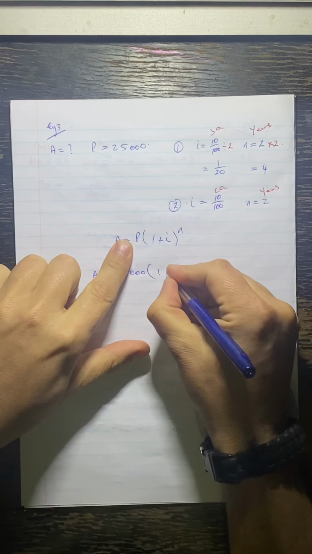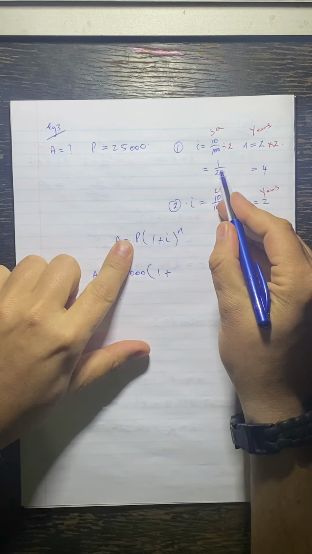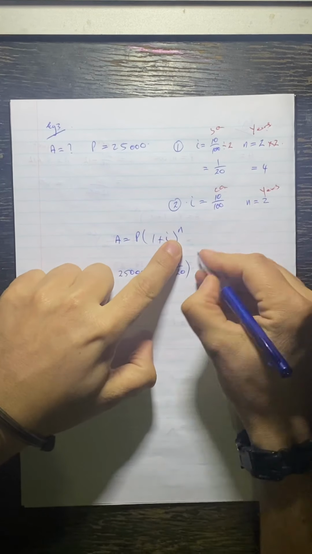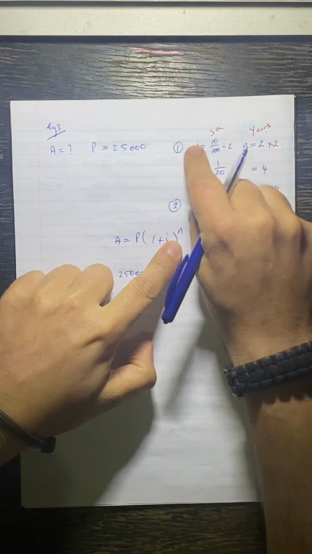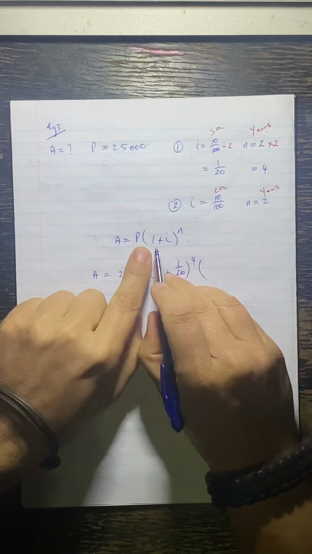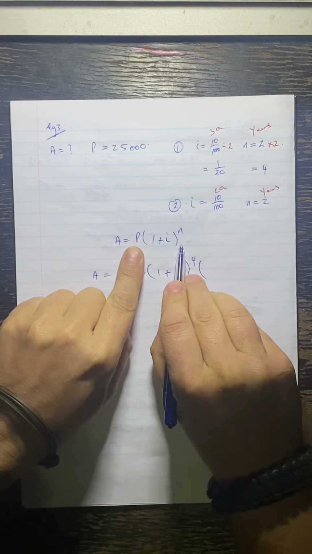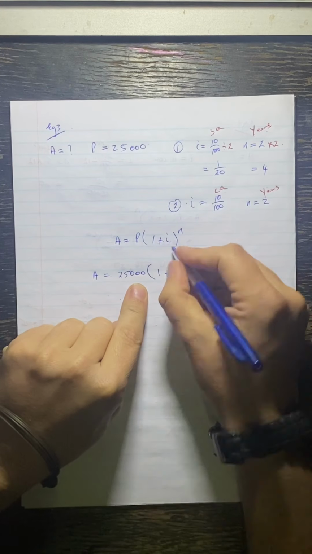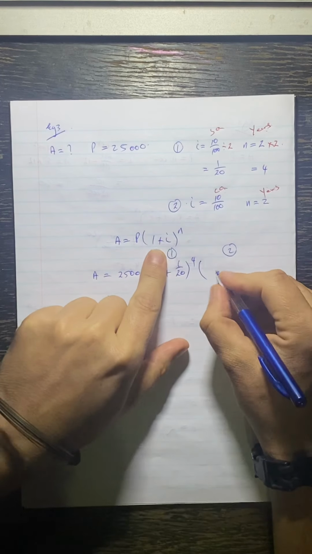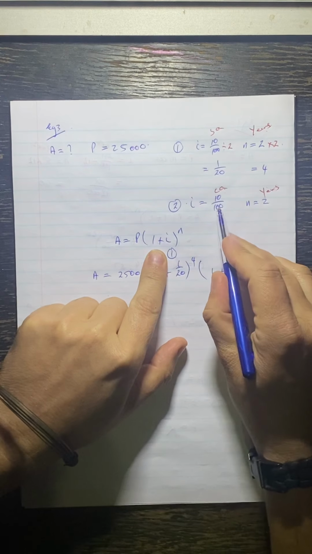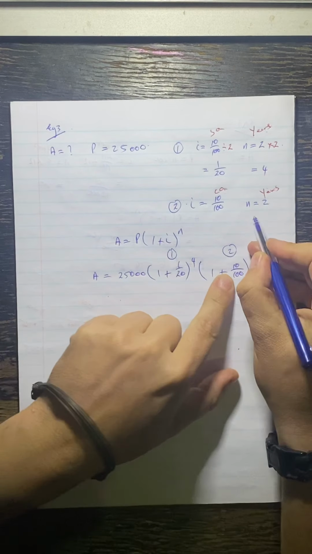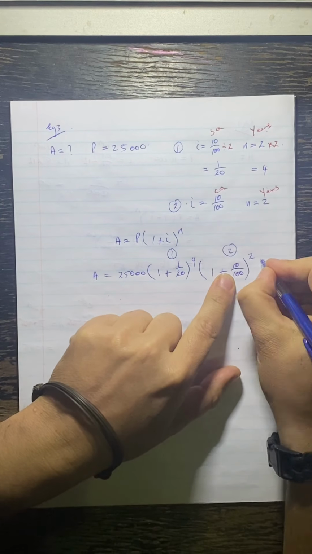So we get 1 plus our interest rate, which is 1 over 20, and our n is 4. Now we're going to scenario 2. So I need to add that interest on. So it's just this bit here that I'm looking at. So I've added it for scenario 1. Now I'm going to do it for scenario 2. So 1 plus, what is our interest? 10 over 100. And it's to the power of 2.